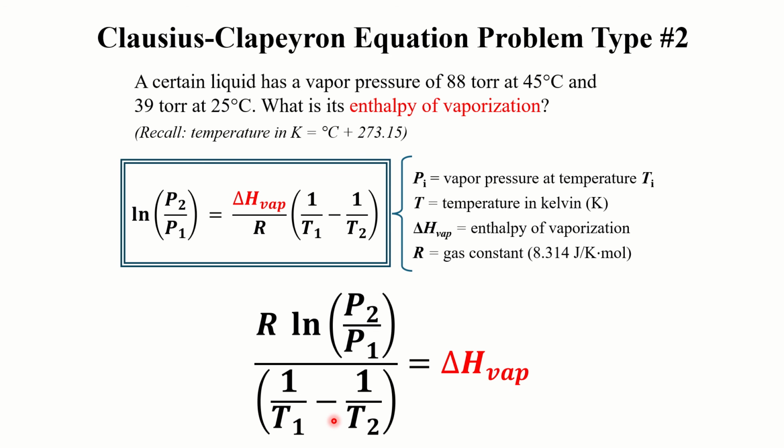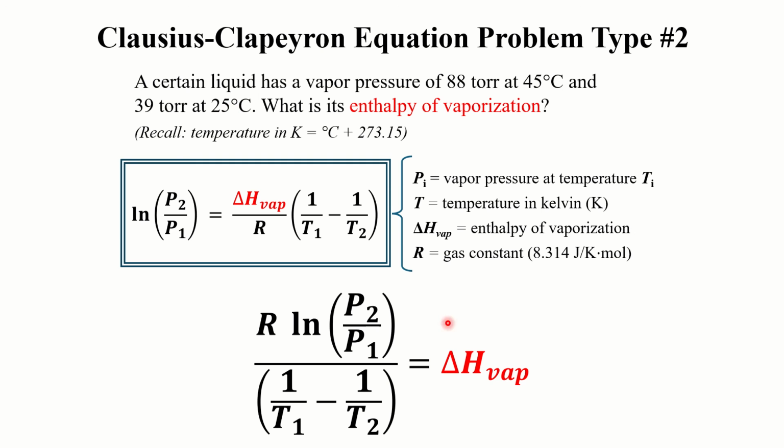Just be careful of a couple things. First, make sure your pressure and temperature values match. So personally, I would call this P1, which would make this T1. So I'd plug in 88 torr right here, and I would take that 45 degrees Celsius, convert it to Kelvin, and plug it in for T1 right there. Then 39 torr would be my P2, and 25 degrees Celsius would be my T2.